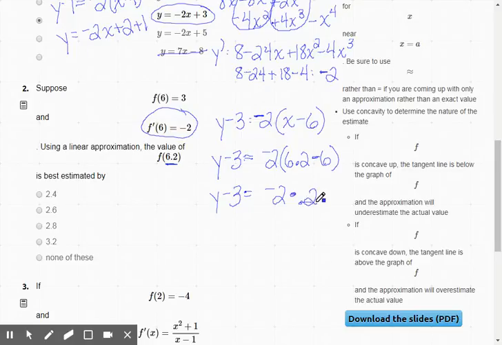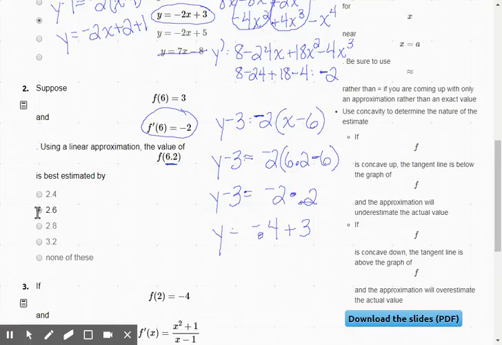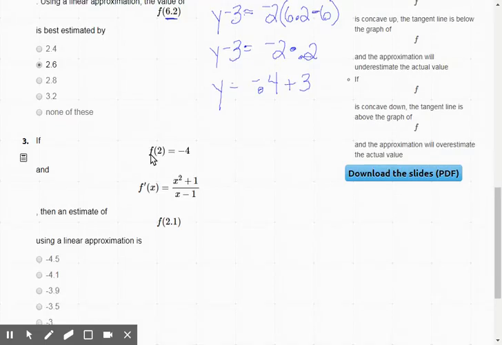So negative 2 times 0.2 is negative 0.4, and we add 3 to that. So 3 plus negative 0.4 is 2.6. And just as an FYI, notice how all these answer choices are very close to 3 because our x values are close, so our y values should be pretty close.